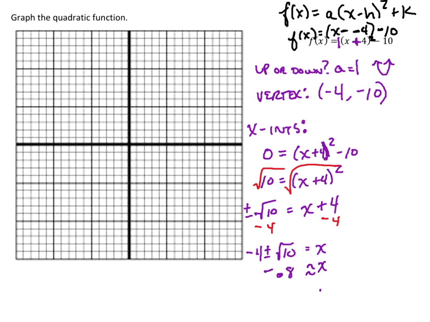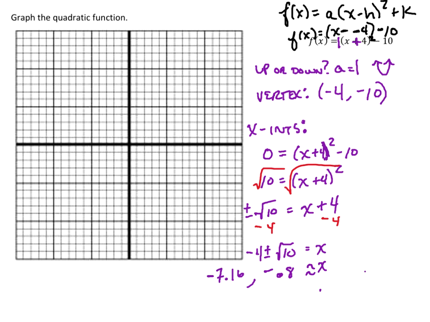And when I subtract, negative 4 minus the square root of 10, I get negative 7.16.